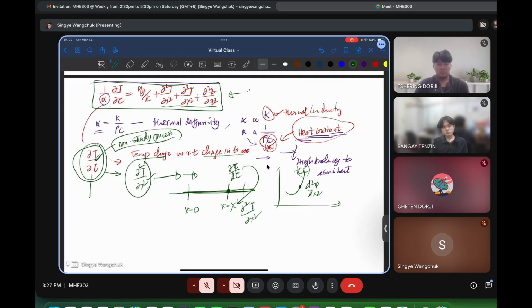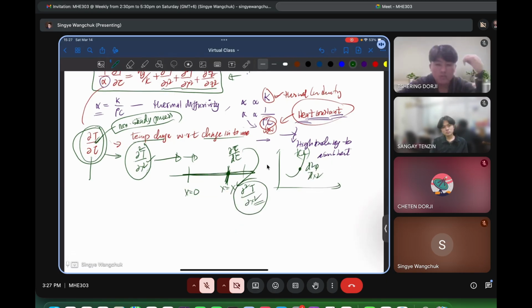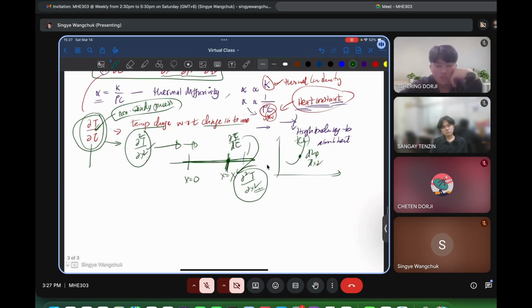If you take the curvature of this function at that point, then it is equal. So this is the profound conclusion that you can draw from the heat equation.